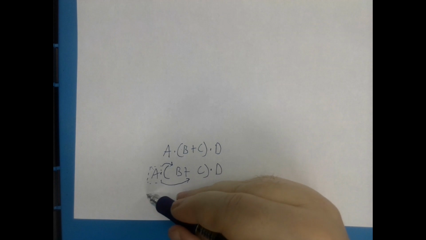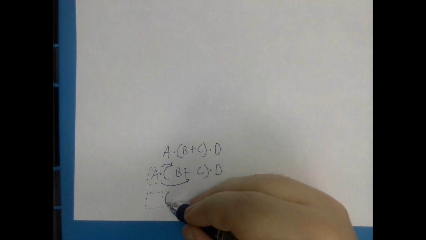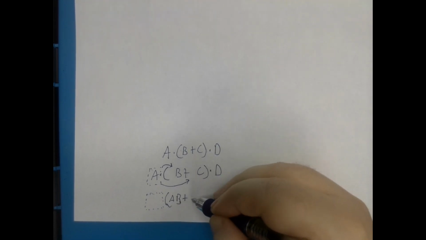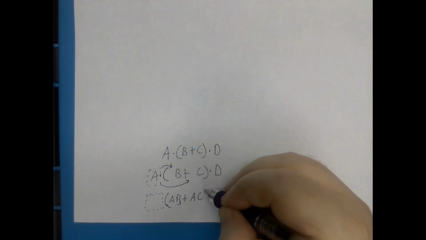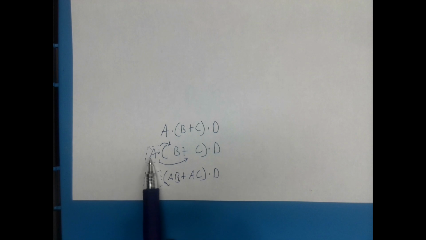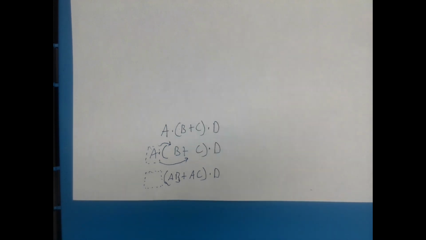So this A is going to go and be next to the B and C. So this A gets attached to the B and it gets attached to the C. So this A gets attached to everything in it and gets removed.